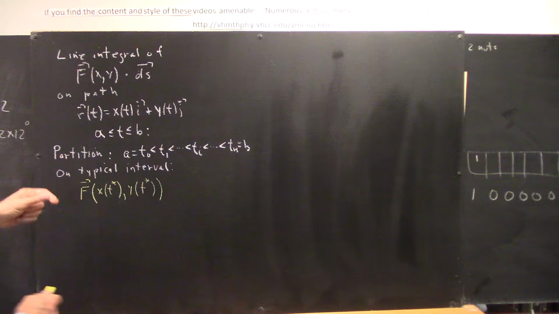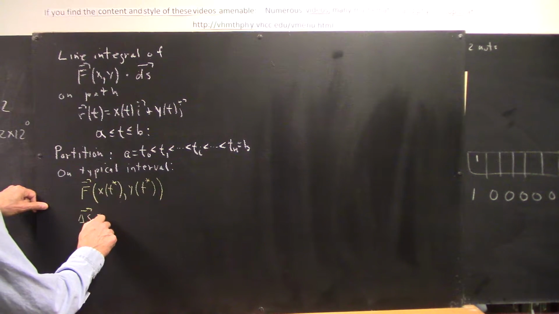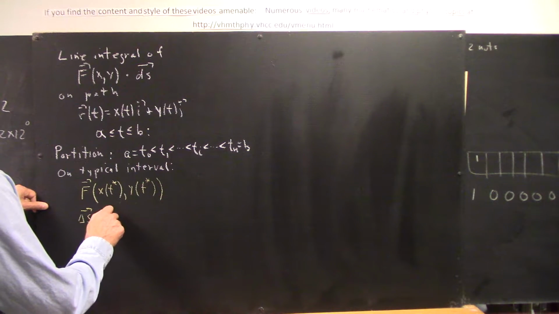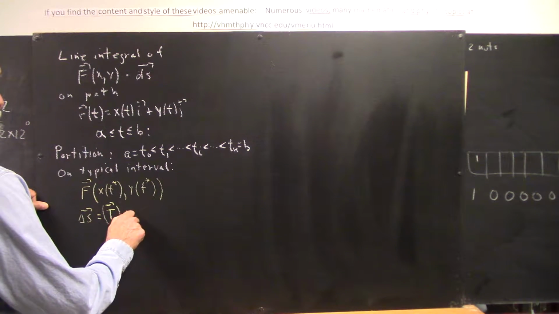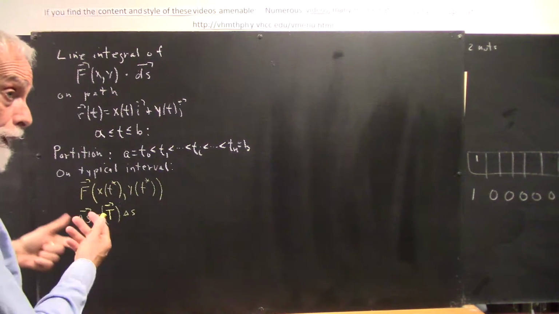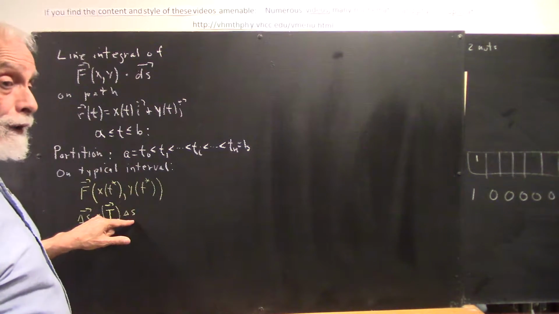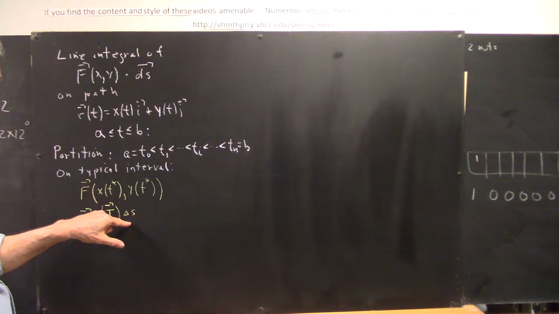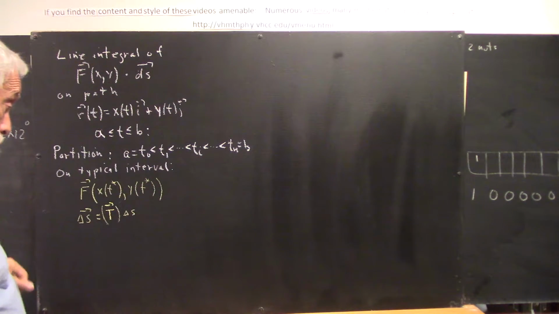Now your ds, we have a delta s, which is equal to some multiple of the unit tangent vector. This moves us in the direction of the path, and it moves us some displacement delta s. What's delta s? Well, delta s really depends on your delta t for your interval.